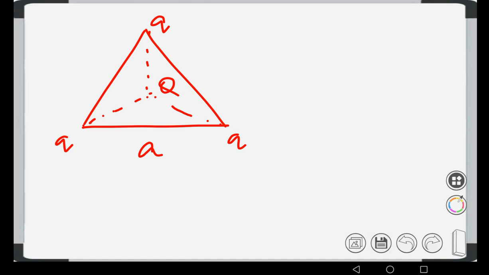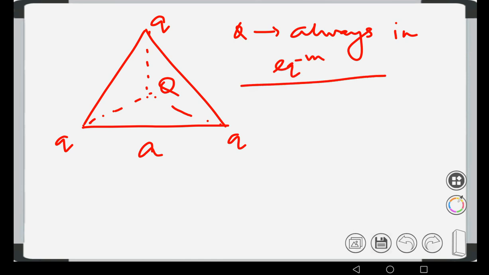Again, because of symmetry, capital Q is kept at the center of the triangle, and hence capital Q is always in equilibrium.